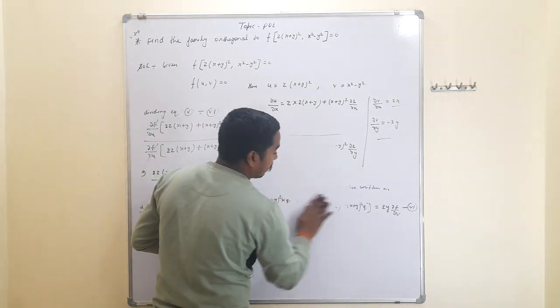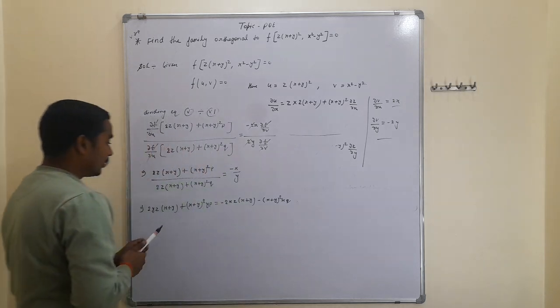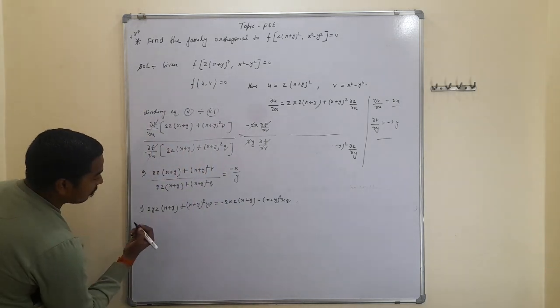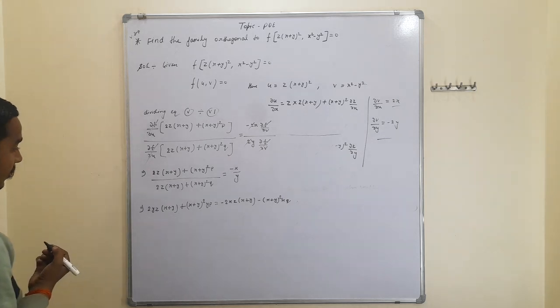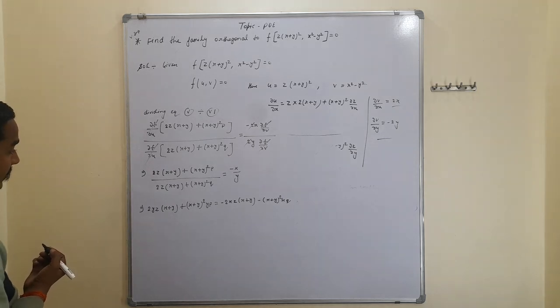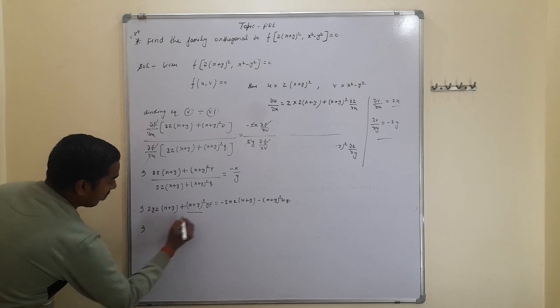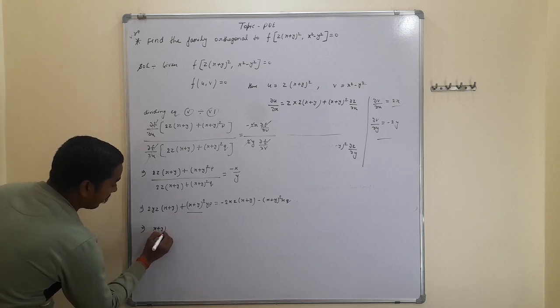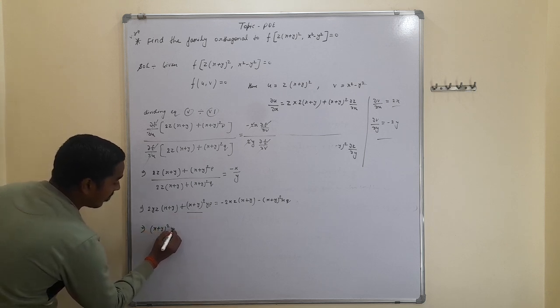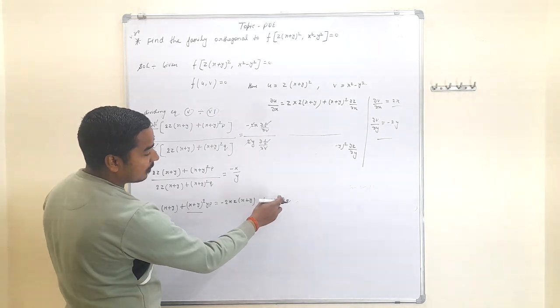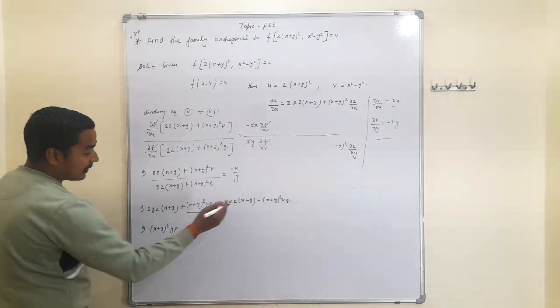Further we have to solve. We take (x plus y) whole square into yp, and from here minus (x plus y) whole square into x cube is taken to the left hand side.